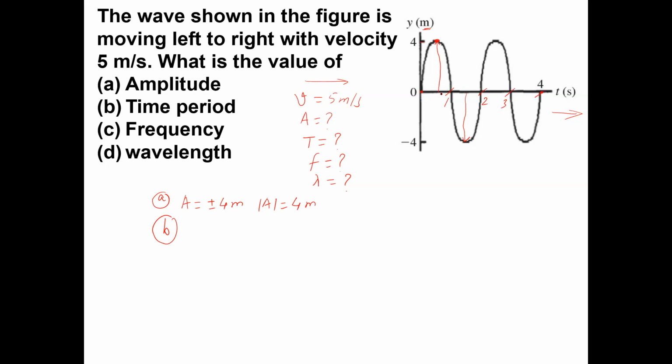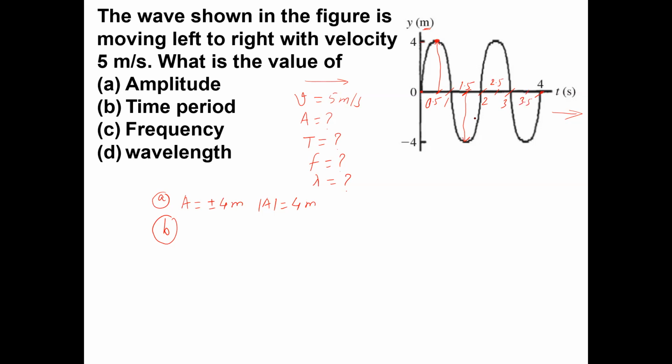In between are 0.5 second, 1 second, 1.5 seconds, 2 seconds, 2.5 seconds, 3 seconds, and 3.5 seconds. I can split it into different parts.